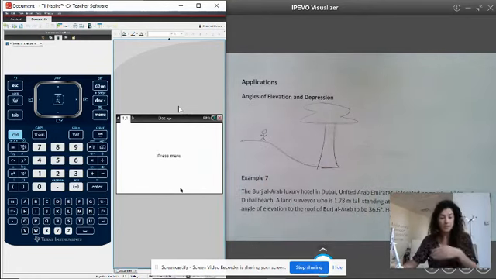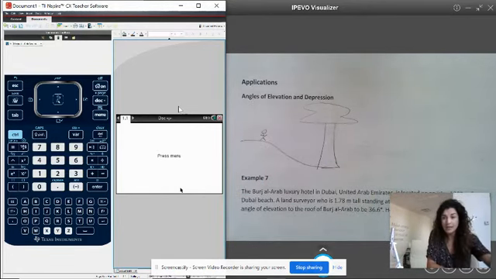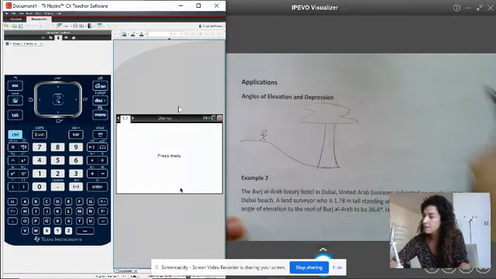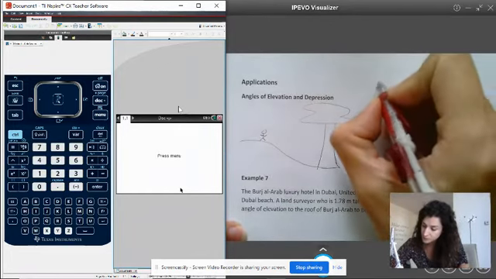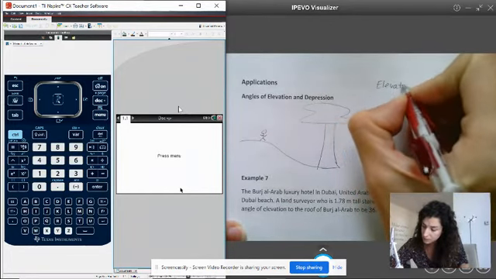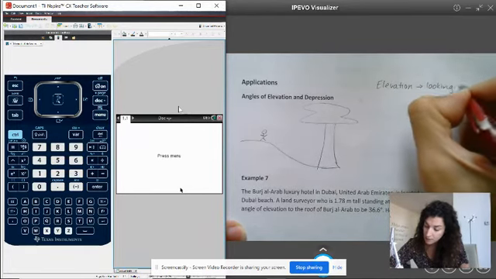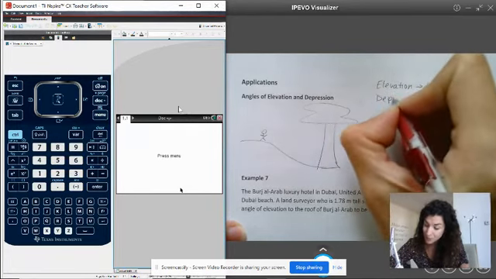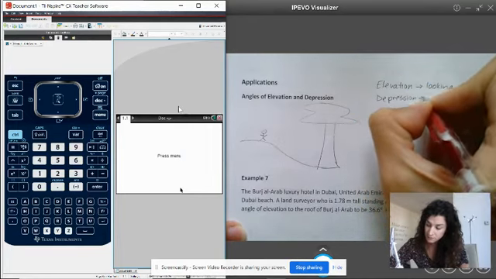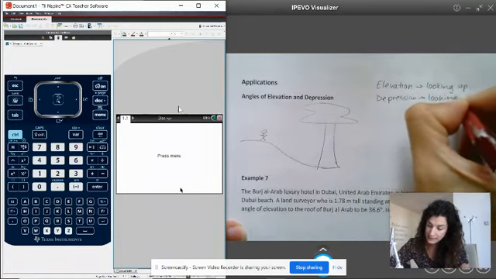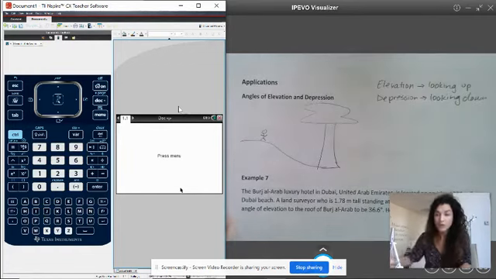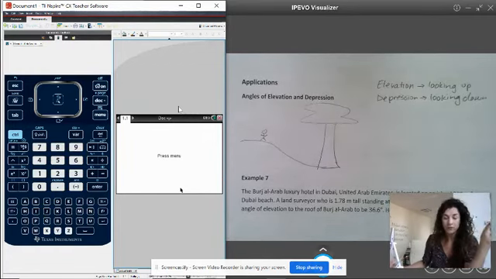And this person is always either looking up or looking down. Angles of elevation is looking up. Angles of depression are looking down.